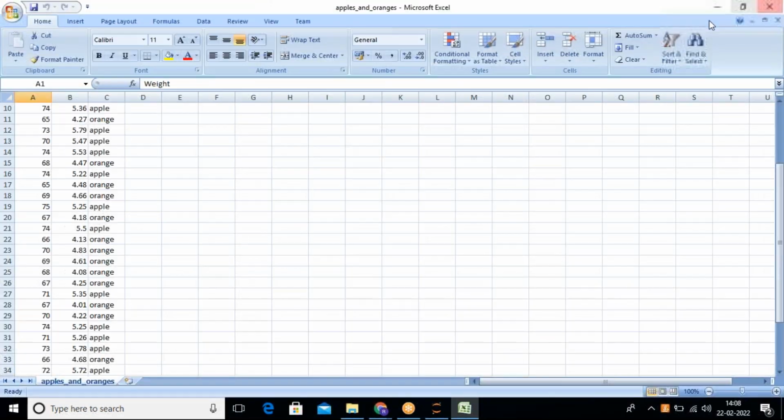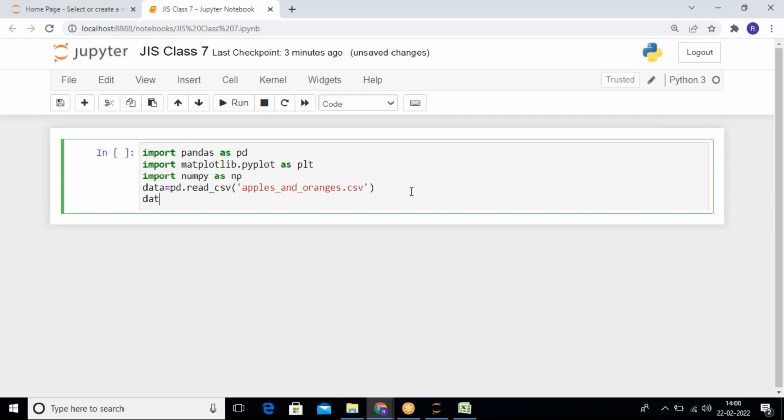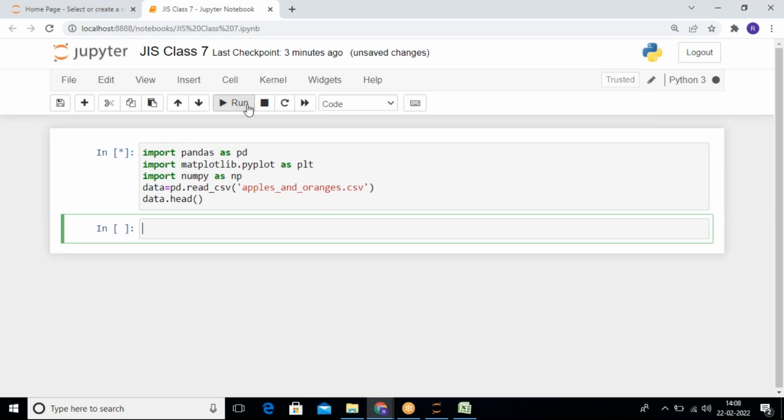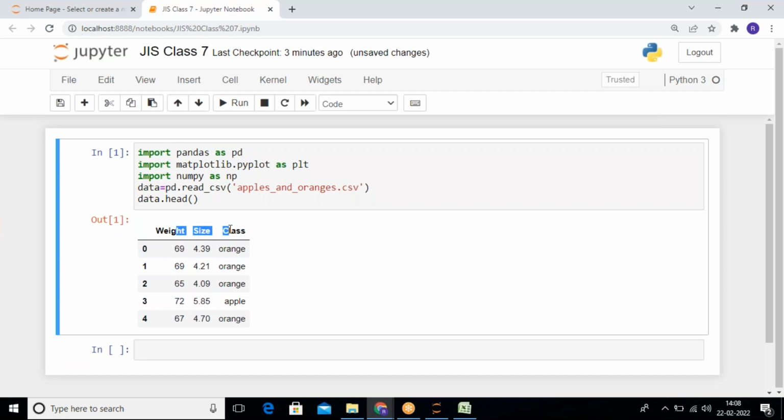Okay, very good. apples underscore and underscore oranges dot csv. Weight, size, and class. Okay, weight, size, and class. So here we read the data set basically.